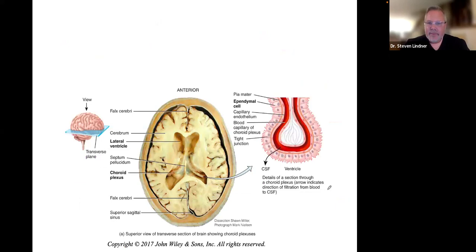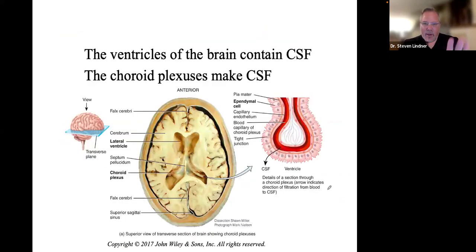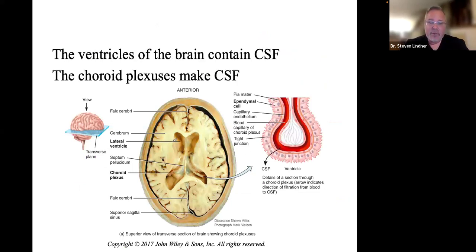Now, that's from a lateral perspective. If we look at it, bird's eye view on a transverse cut, right? That's your transverse section, a superior view. From here, we can see the lateral ventricles. This is one on one hemisphere. Here's the second in the other hemisphere.